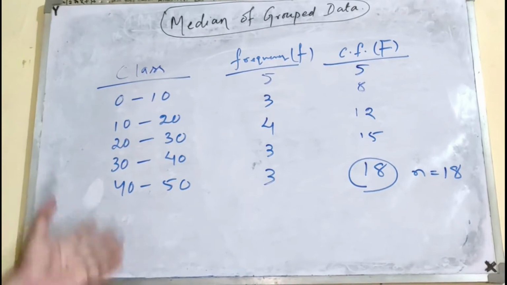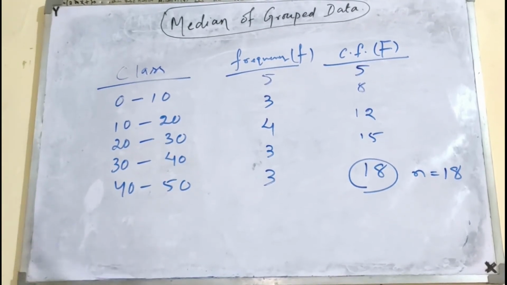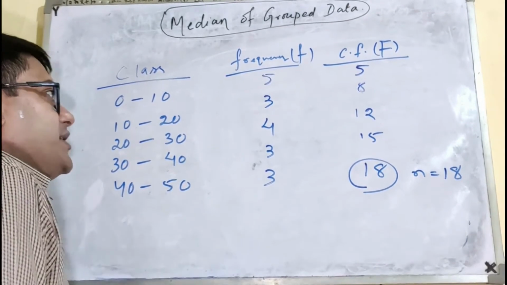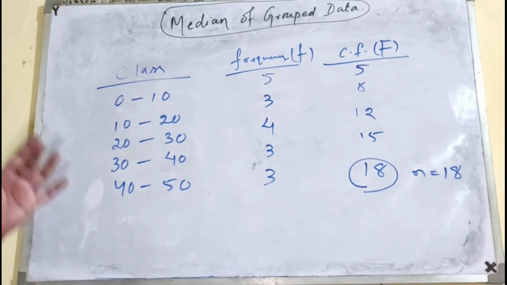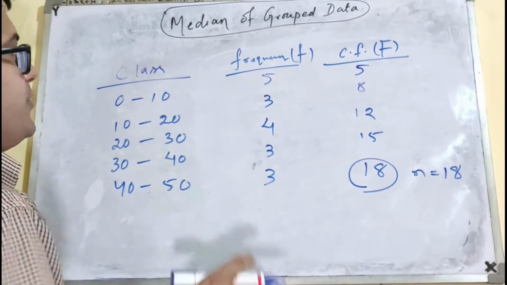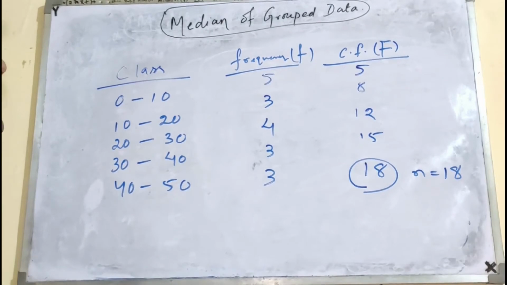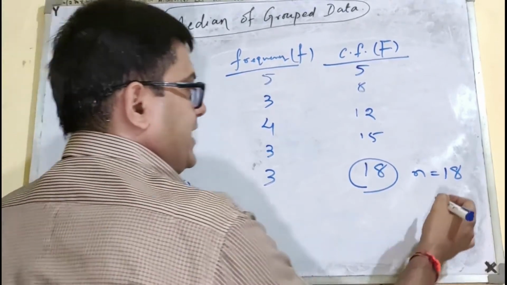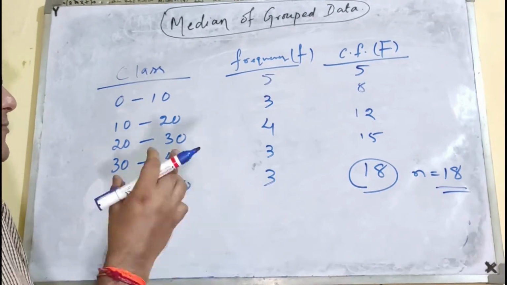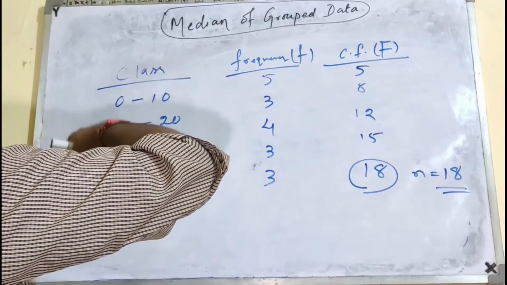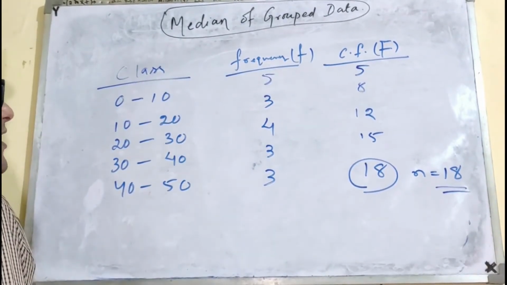The problem with group data is that it is based on individual data points, but it does not show them. Even if we don't see the exact data points, we know that there are 18 data points which actually are the basis of the entire data set.